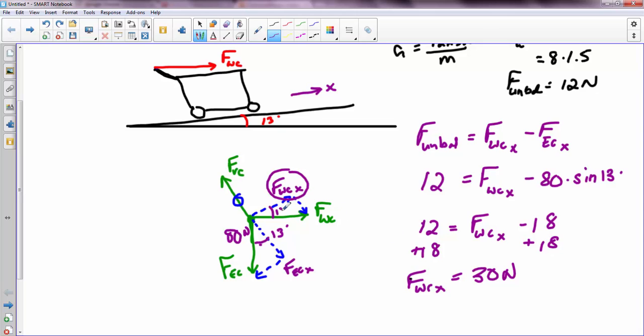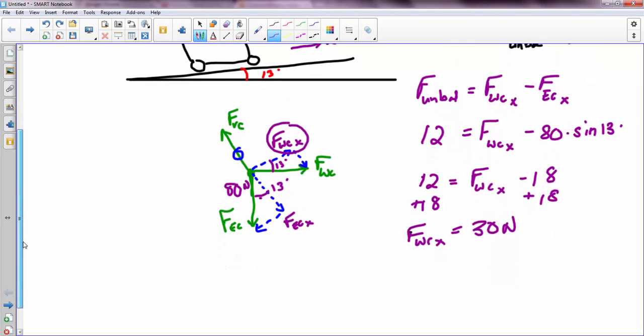This is also 13 degrees if you want to do the geometry here. You know, this is a horizontal force right here. This line right here represents the floor, which is horizontal. This is parallel to the ramp. This blue dotted vector right here, obviously this is the ramp, so a line parallel to the ramp and that are going to be at the same angle, so 13 degrees here, 13 degrees here.